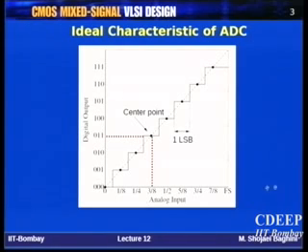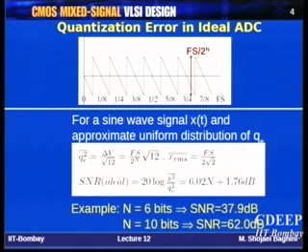You can plot these transfer characteristics, and the center point of each segment is shown here, and each segment has a width of 1 LSB. Therefore you will have a noise margin of plus minus half LSB around the center point of each segment. So this was the review of the last lecture.